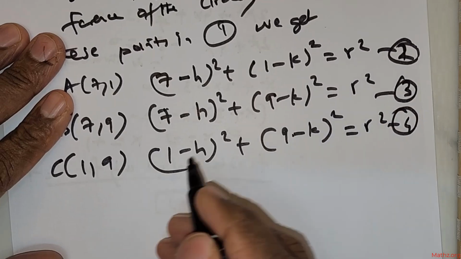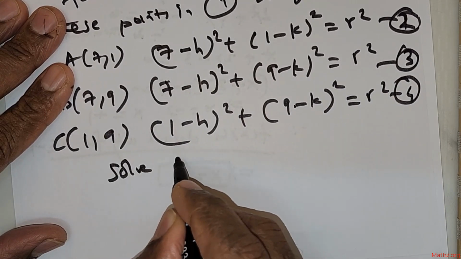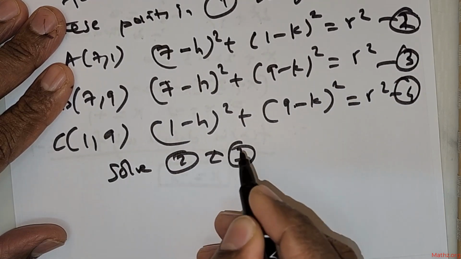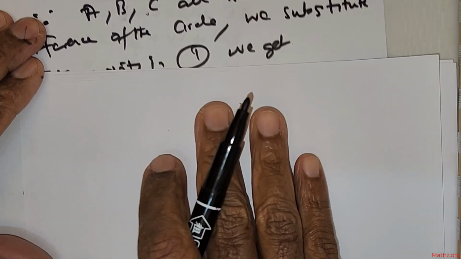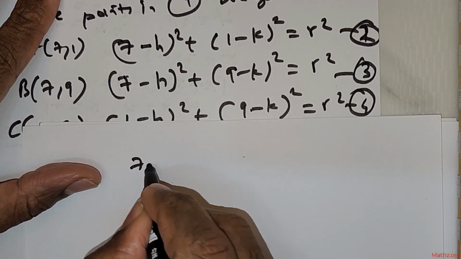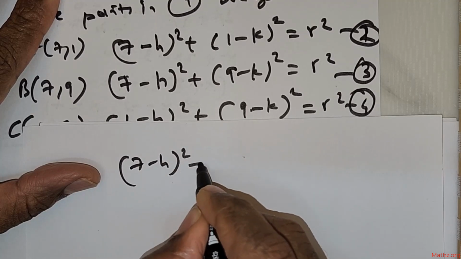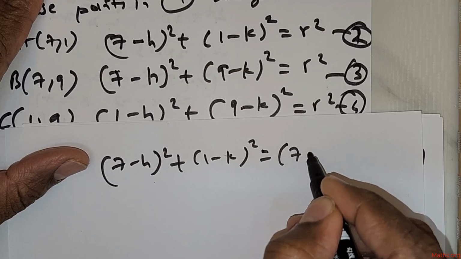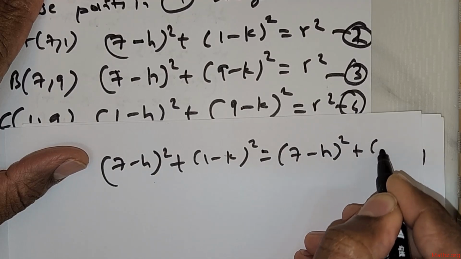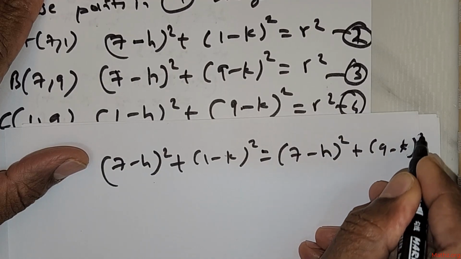Now we can actually solve 2 and 3, right? Both of them are equated with r². So let me go to the next side. So this is going to be (7 − h)² + (1 − k)² = (7 − h)² + (9 − k)².